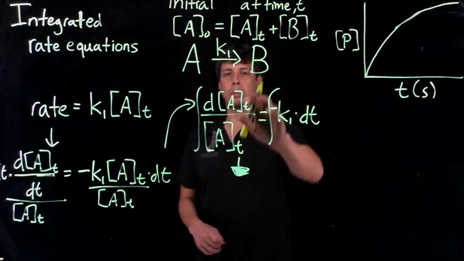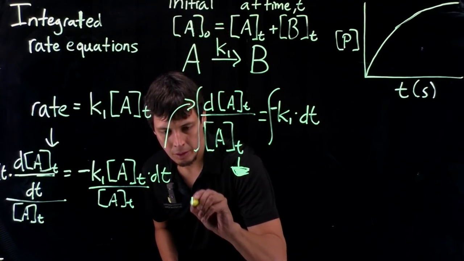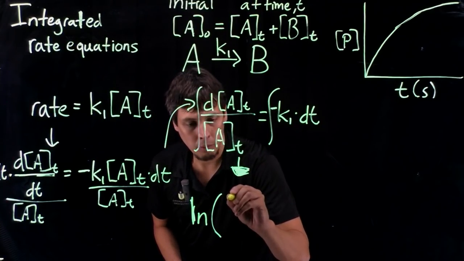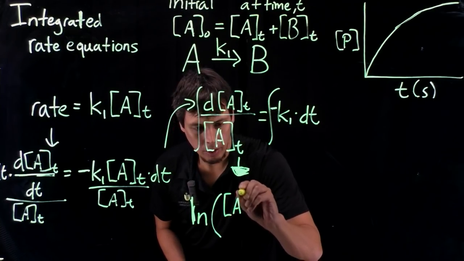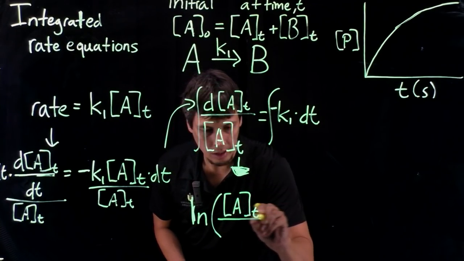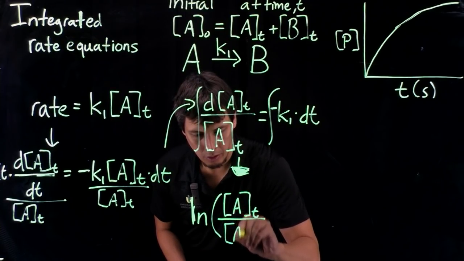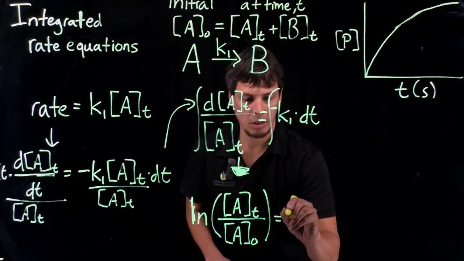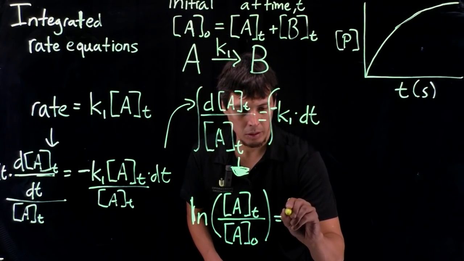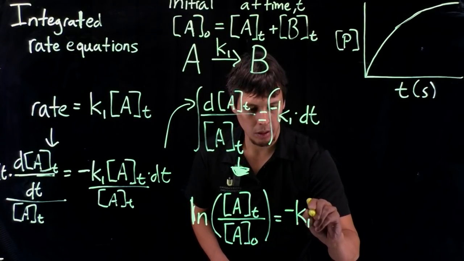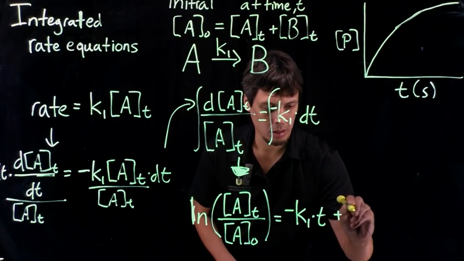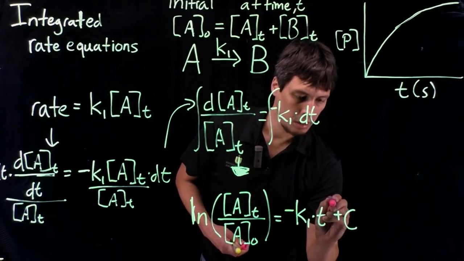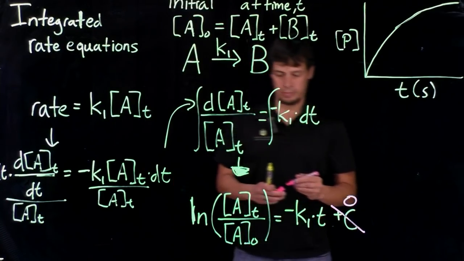That's going to give us something in the form of the natural log of A at any time t over the initial concentration of A equals negative k1 times t plus C. I'm not going to show this, but C is 0, so this goes away.